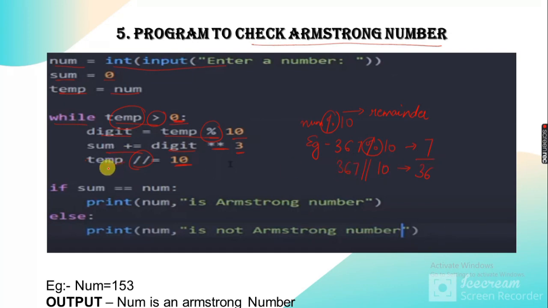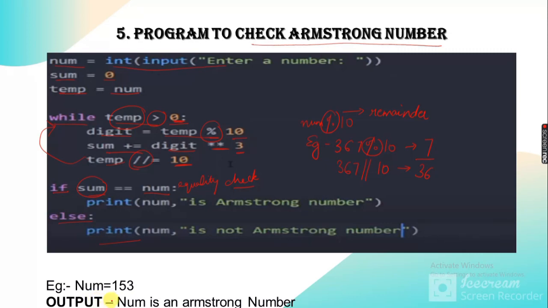So here while loop will again continue and check these statements. Now by using the if statement we can check if sum becomes equal to that number, then it is an Armstrong number. But if it becomes false, then it is not an Armstrong number.